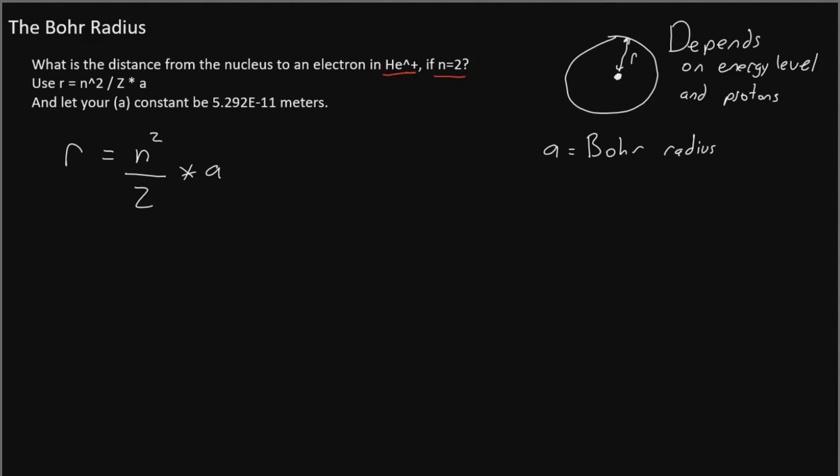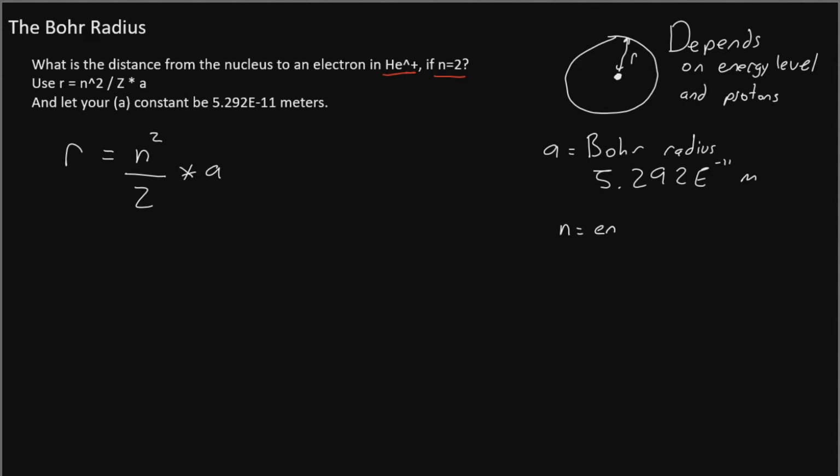It is a constant, and it's equal to 5.292 times 10 to the negative 11 meters, which means when we do the math, our radius will be in meters. Now, recall that the distances between a nucleus and an electron tend to be very, very short distances. So we'll have scientific notation with a large negative number, most likely for all of these problems if we are doing them in meters.